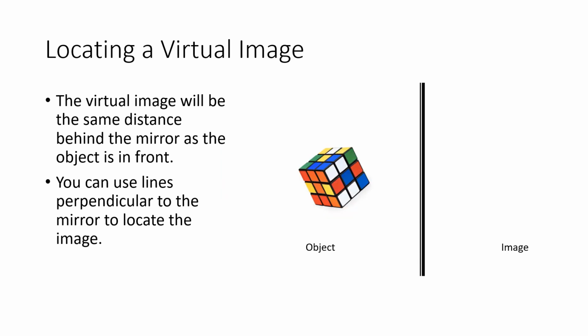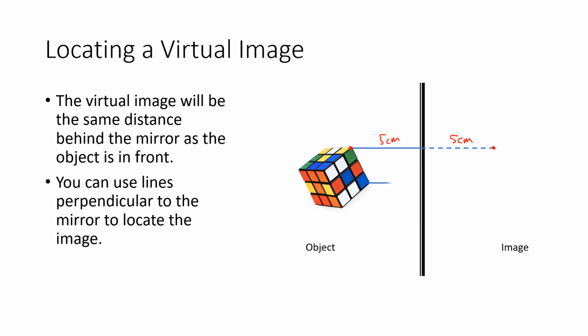So the next challenge is to find the location of an image given an object. And it's pretty easy to do with a flat mirror, a plane mirror. All you need to do is draw some lines that are 90 degrees to the surface of the mirror. So if we draw this on here and we measure it and say it's 5 centimeters, then we can draw another 5 centimeters to the other side, and that'll be where the same point in the image is.